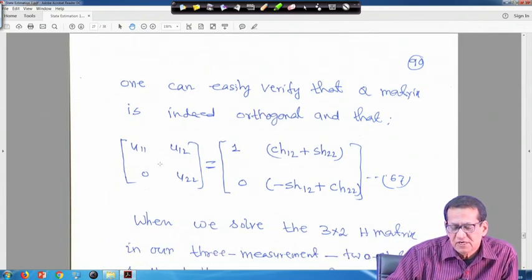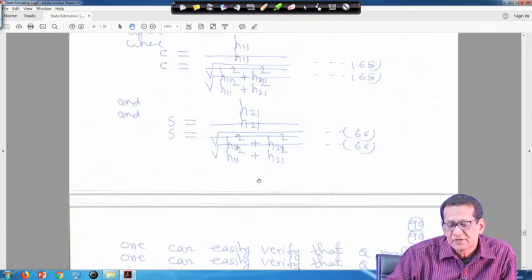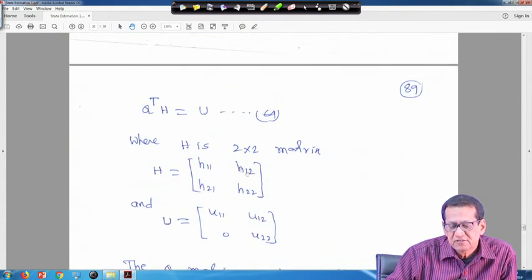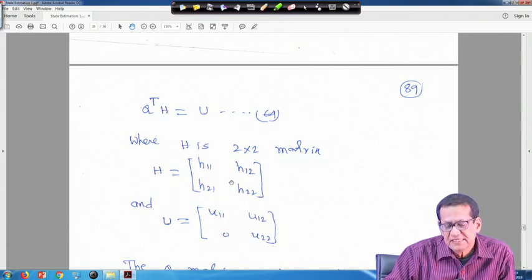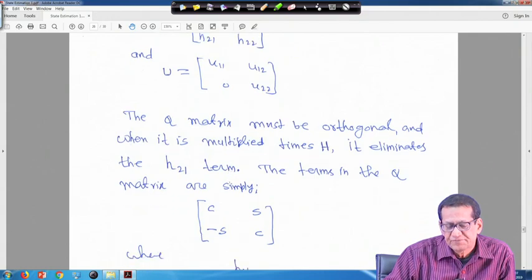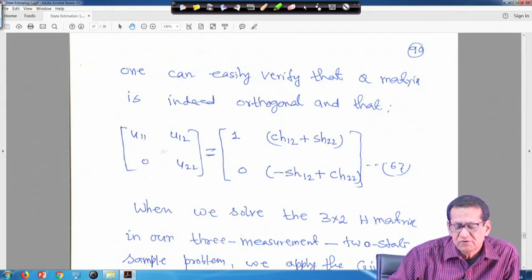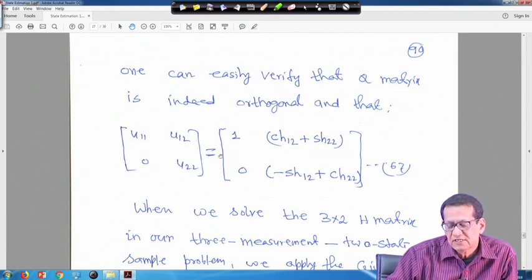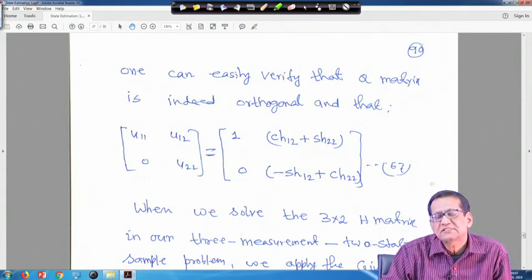Here we have assumed that Q transpose H is equal to U, where H is given and the Q matrix is this. Therefore, U11, U12, 0, U22 is equal to 1, C h12 plus S h22, 0, then minus S h12 plus C h22. This is equation 67.